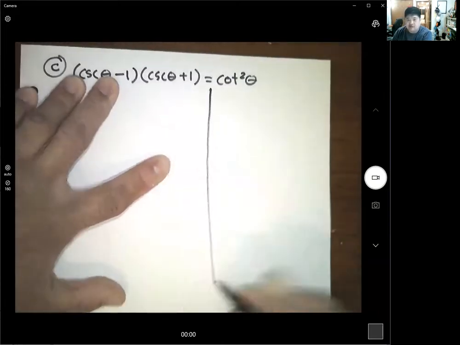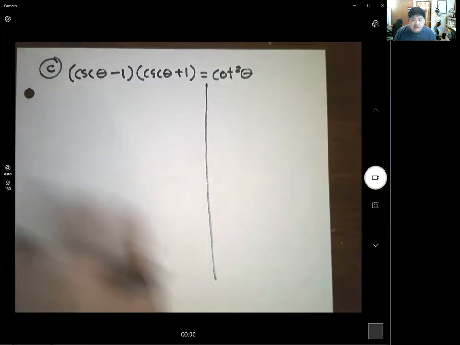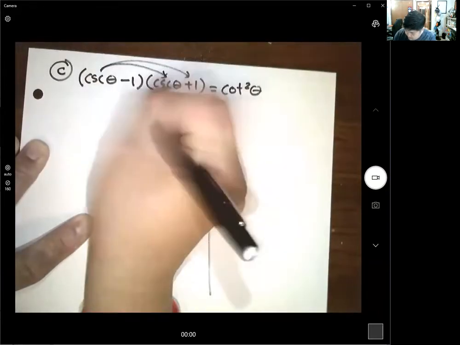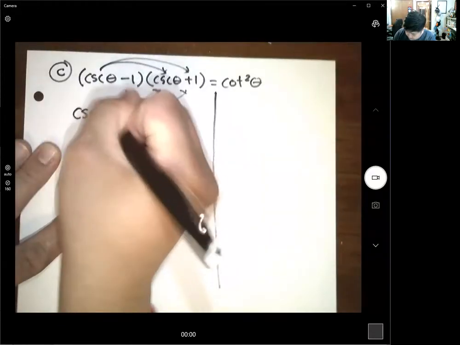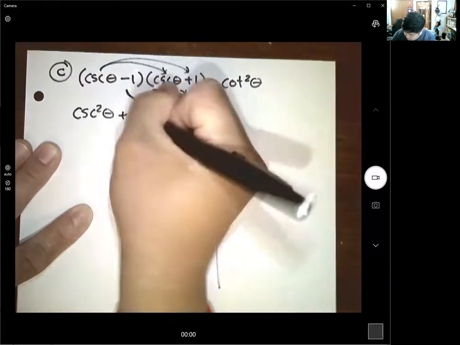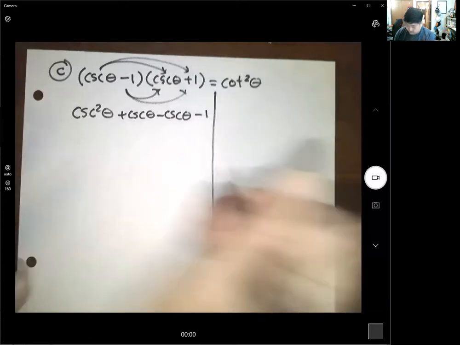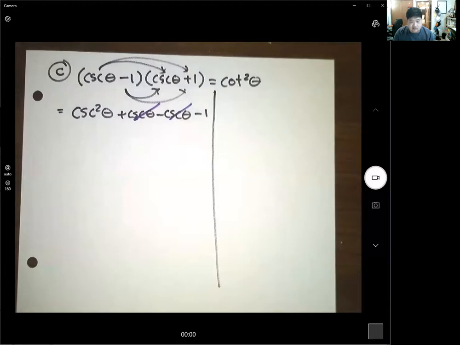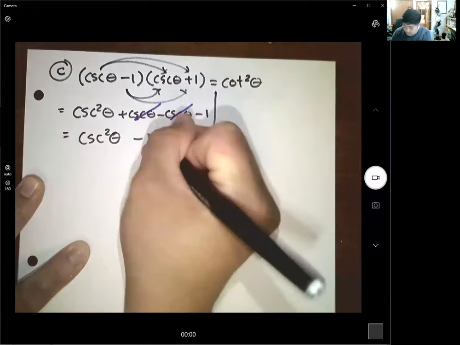I'll draw a line right down the middle again. For this one, my strategy is just going to be multiply and simplify first. So let's distribute. We have cosecant theta times cosecant theta, that's cosecant squared theta, then plus cosecant of theta, then minus cosecant of theta, and then minus 1. The cosecant of theta terms cancel out, so we have cosecant squared theta minus 1.